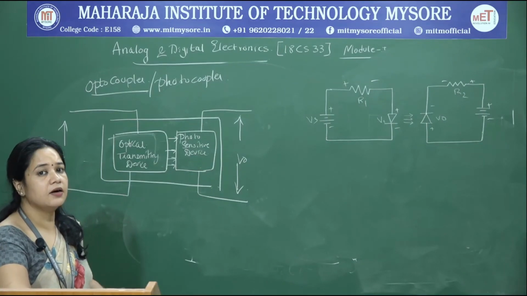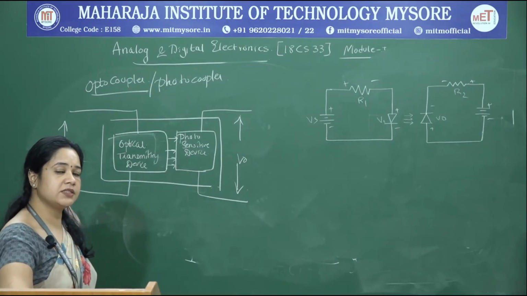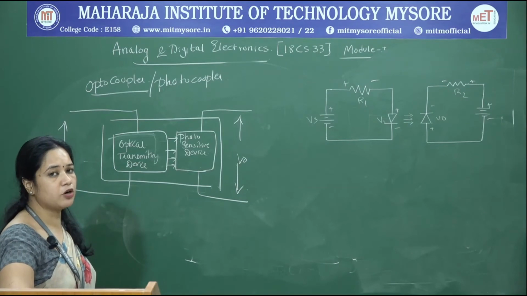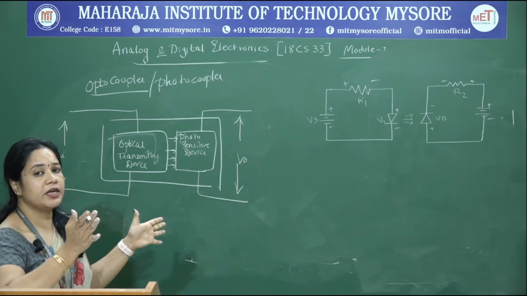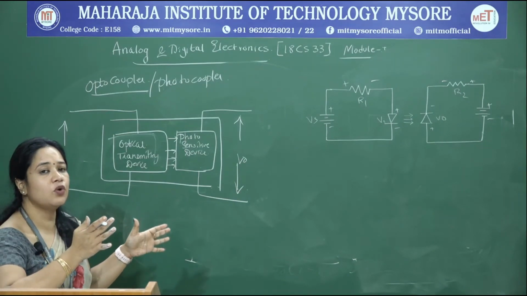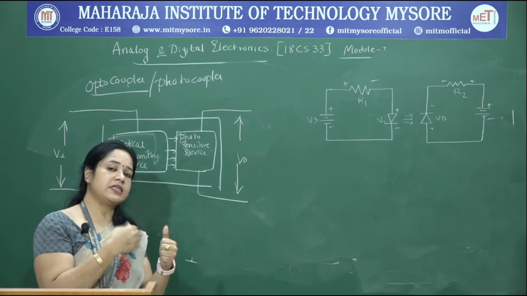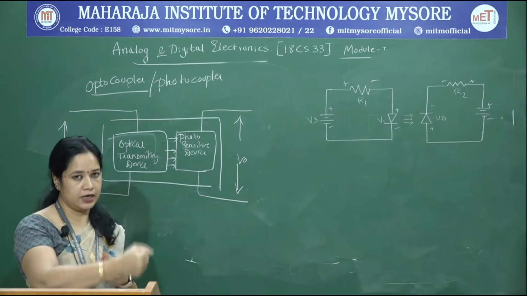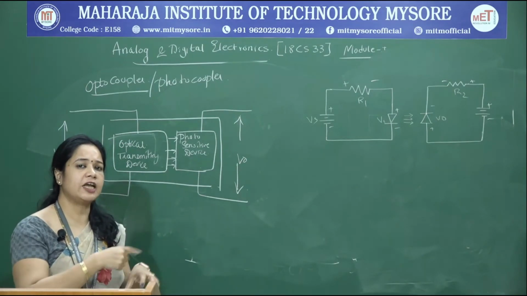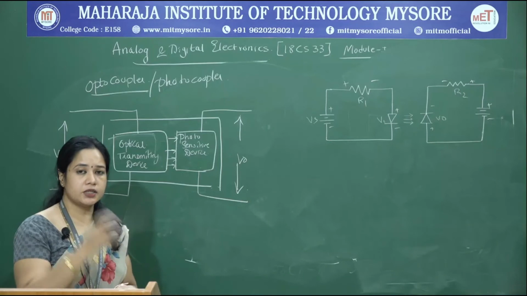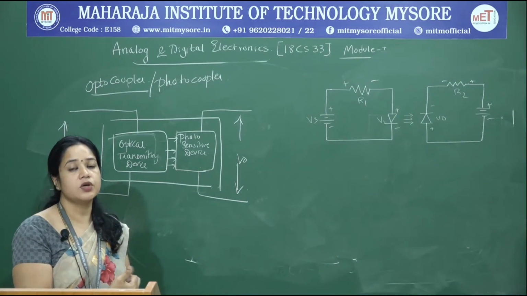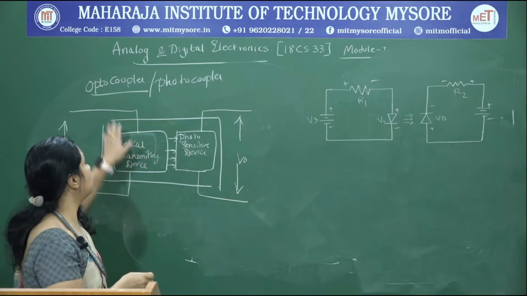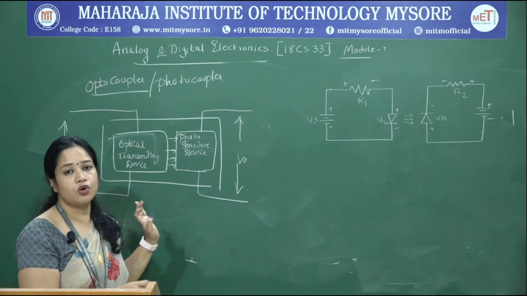So basically it is used to transmit a signal from one part of the circuit to another part of the circuit, still isolating the two parts of the circuit. If you are to couple signals from one part of the circuit to another in a very noisy environment, you don't want the noise to be picked up by the circuit. So in such cases we have what is called an optocoupler or photocoupler.